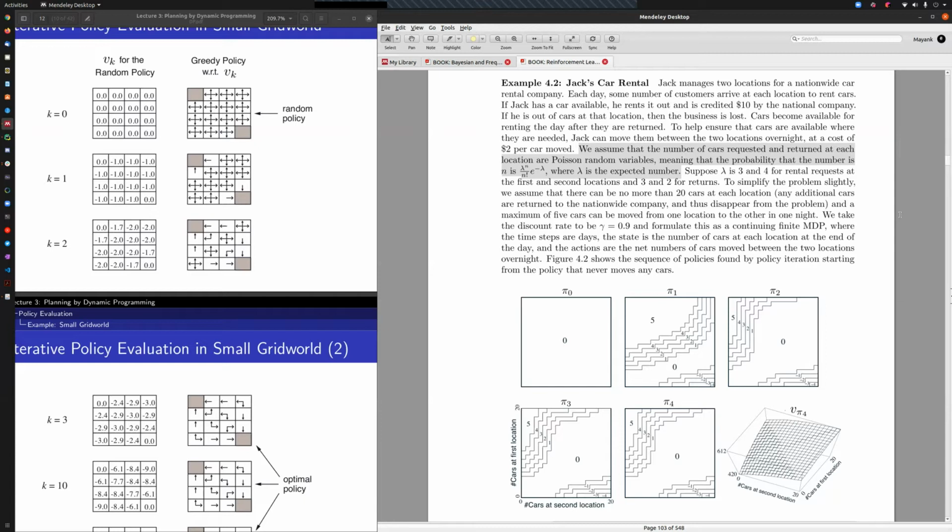And here he says we will formulate it as a continual finite MDP, or continuing. But is it really necessary to formulate it as a continual problem if we have this clear termination condition? That's one question.